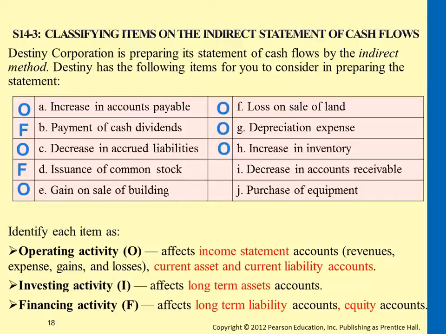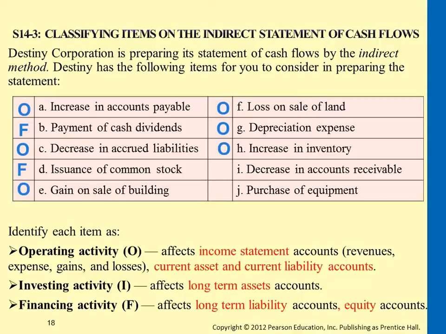So inventory is always a current asset account because we want to sell it within a season or within an accounting cycle. So any increase, the money that you spend on purchasing inventory will be reported under operating activities. These are part of the daily business activities, day-to-day transactions. So anything listed on operating activities is actually the frequent transactions that you see on a daily basis.